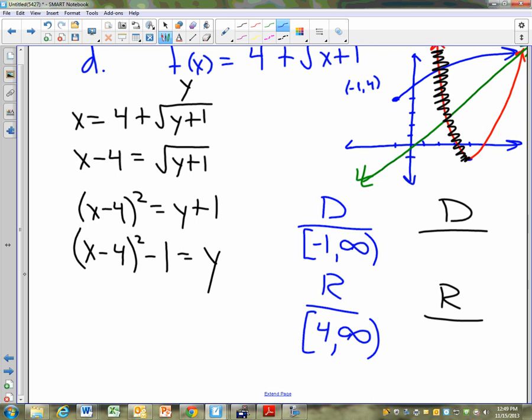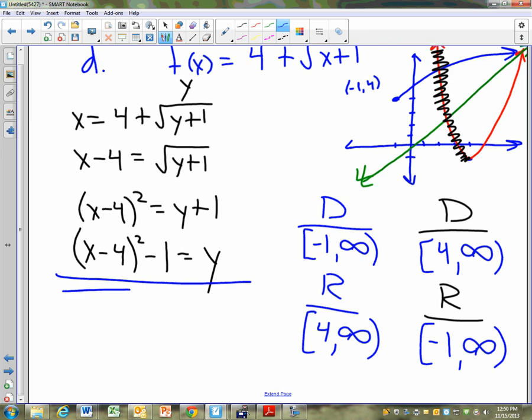And it's easy. Look at our original domain. The domain of this one becomes what over here? The range. And the range here becomes the domain over here. So, the way we take care of this, there's nothing wrong with this answer right here.